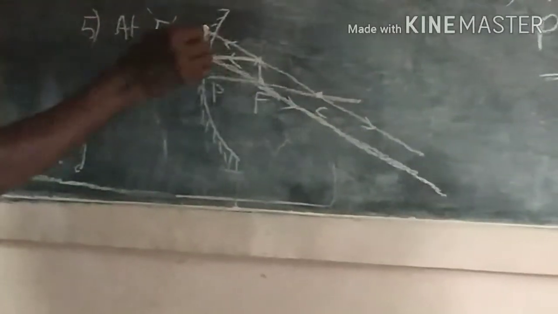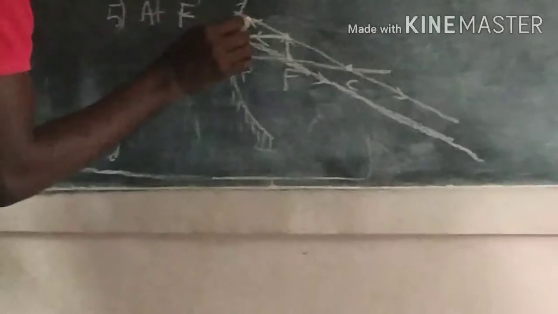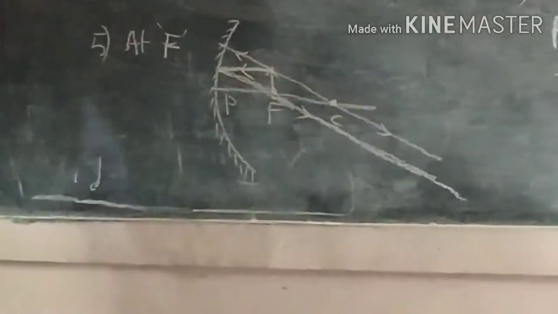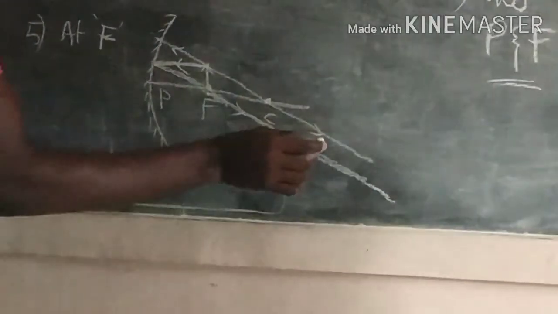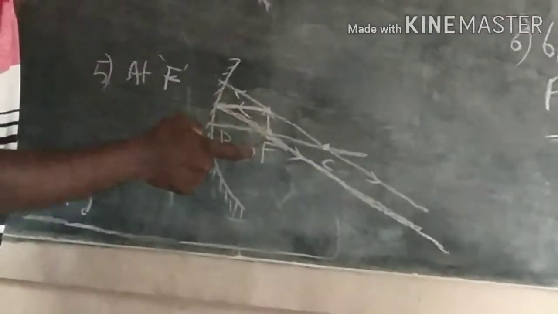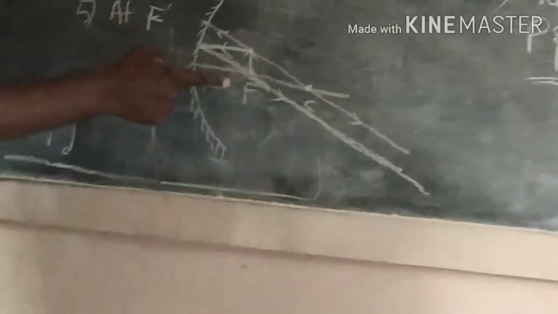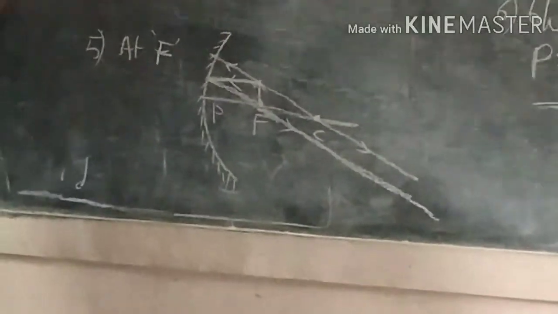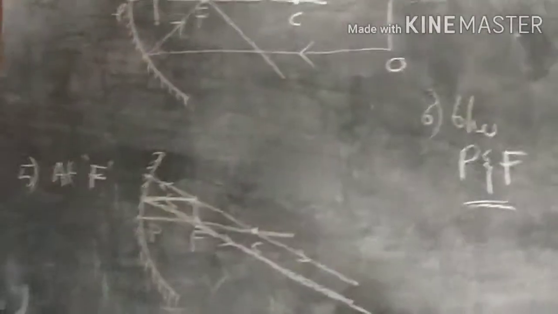Then the other ray is passing through the center of curvature and gets reflected through the same path. In this case the image formation will be at infinite distance.